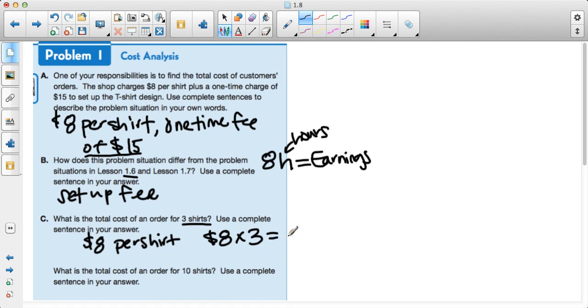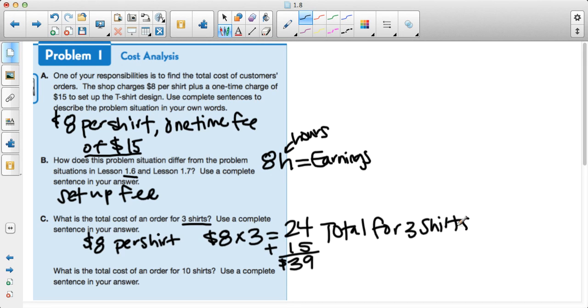That's going to give me 24. But I'm not done. I need to add that $15 fee. So the total for 3 shirts is $39.